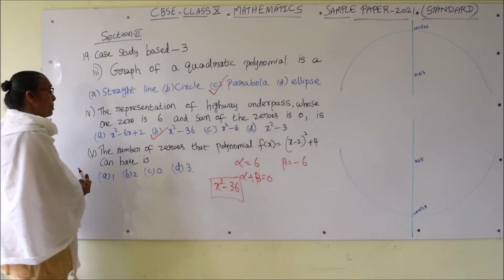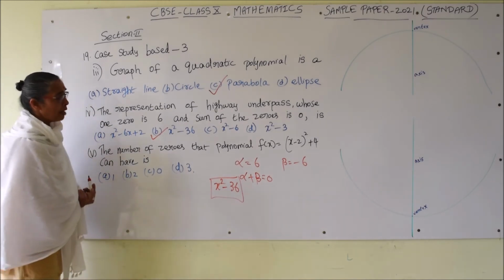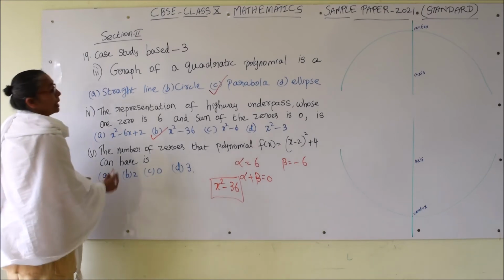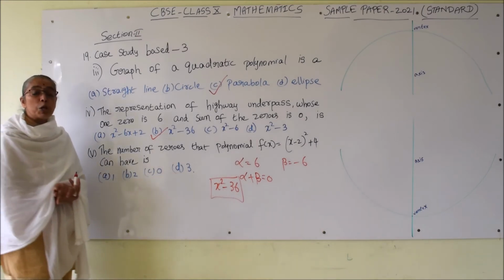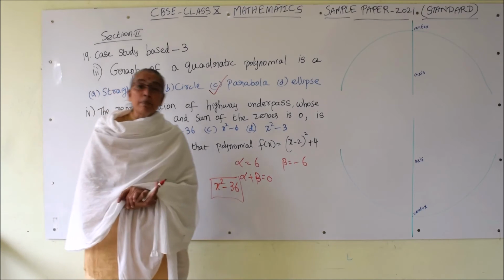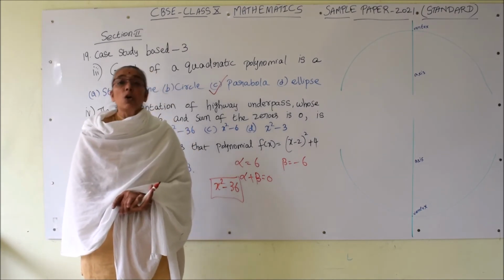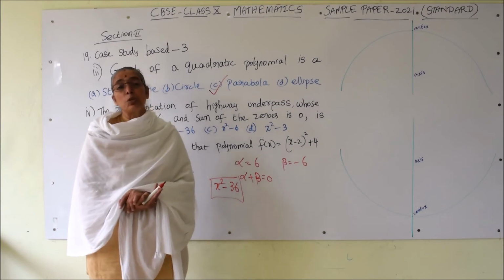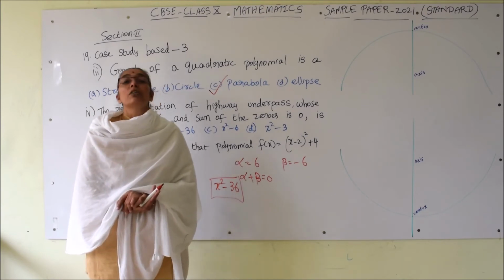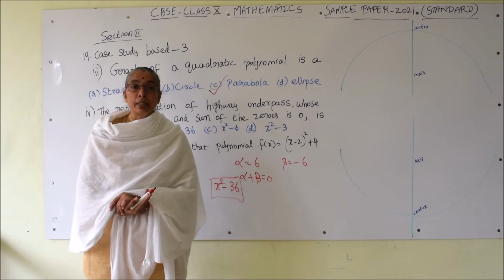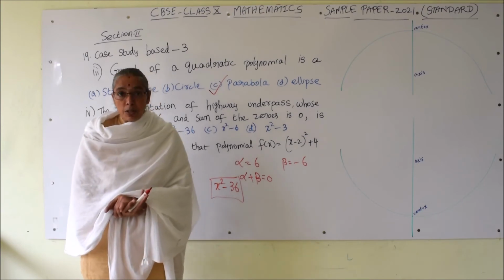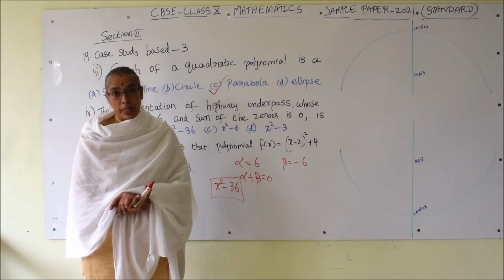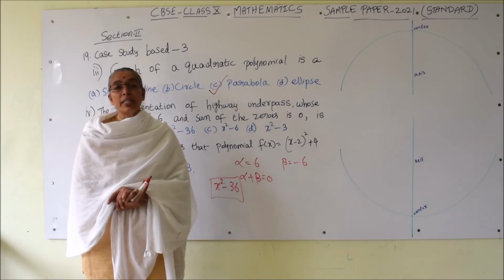Now, the number of zeros that the polynomial f of x equals (x minus 2) whole square plus 4 can have. The number of zeros of a quadratic polynomial is nothing but the roots of the quadratic equation, and you know very well how to find the nature of the roots: you have to find the discriminant. If the discriminant is equal to 0, there is only one coincident and equal root.